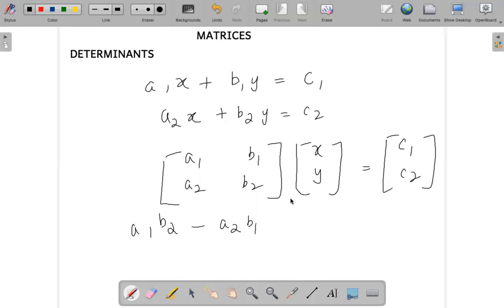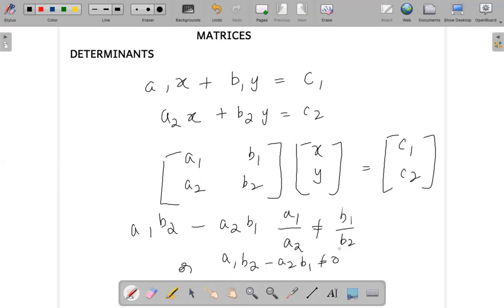That is, a1 by a2 is not equal to b1 by b2, or a1 b2 minus a2 b1 is not equal to 0. Then the system of linear equations has a unique solution.